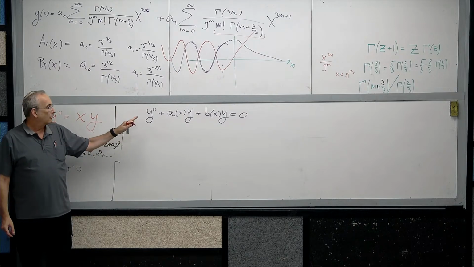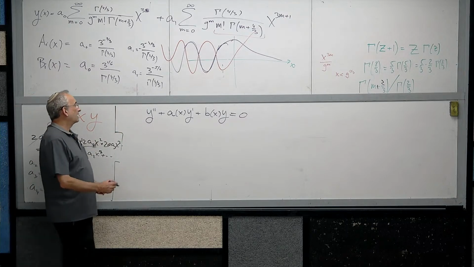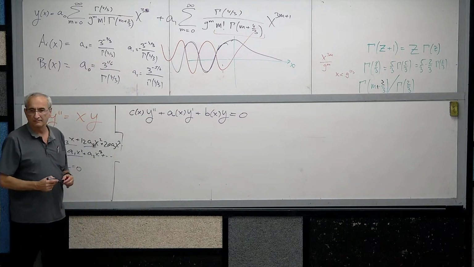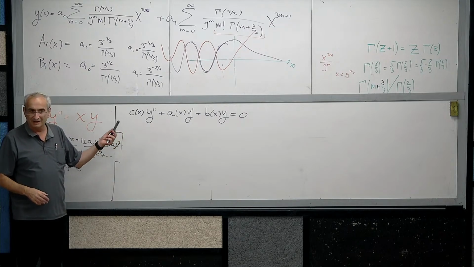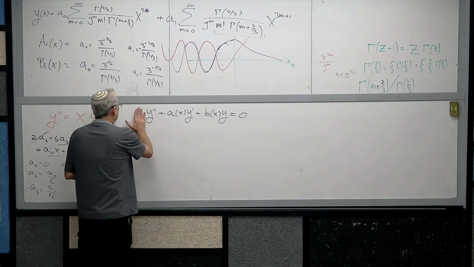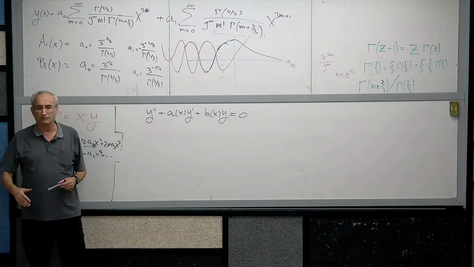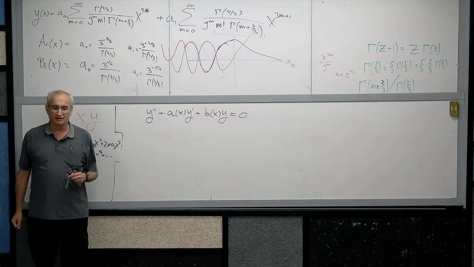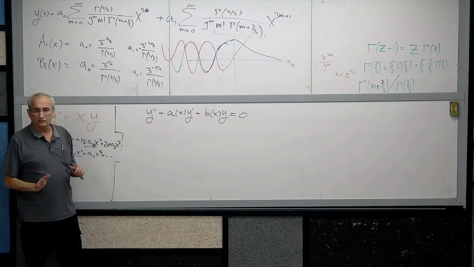Why am I not writing c of x times y double prime? Because I can divide by c of x, right? So the most generic second order differential equation, after some normalization or calibration such that the highest derivative has no coefficient, ends up with such an equation.